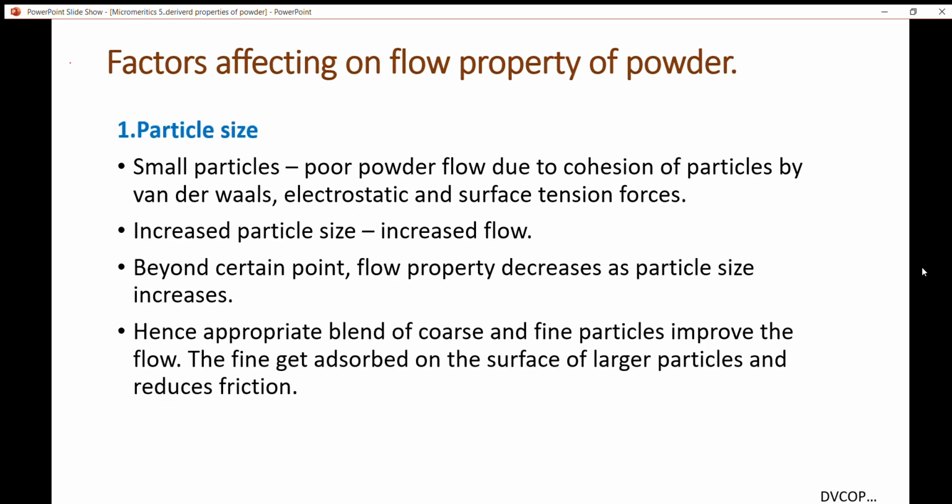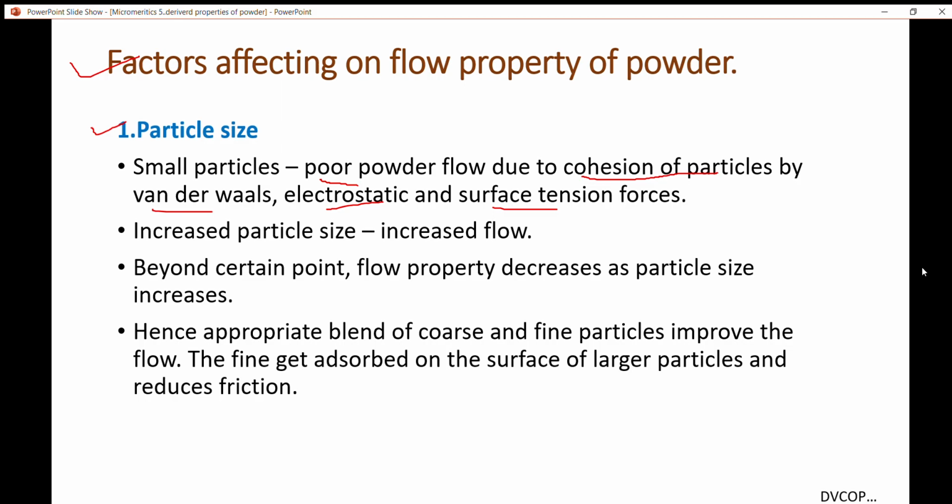Next one is the factors affecting the flow property of powder. First factor is the particle size. Smaller particles have a poor flow property, and it is due to the cohesion of particles by van der Waals forces or electrostatic and surface tension forces.